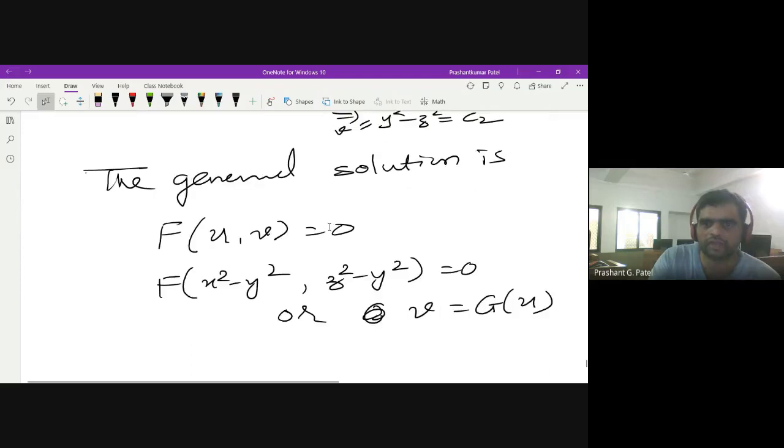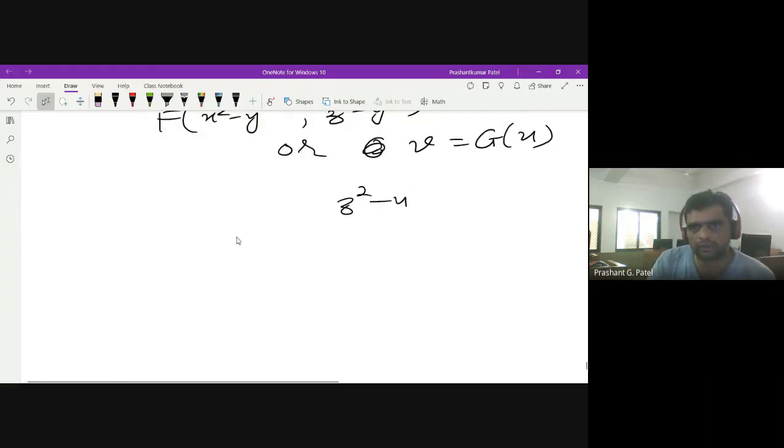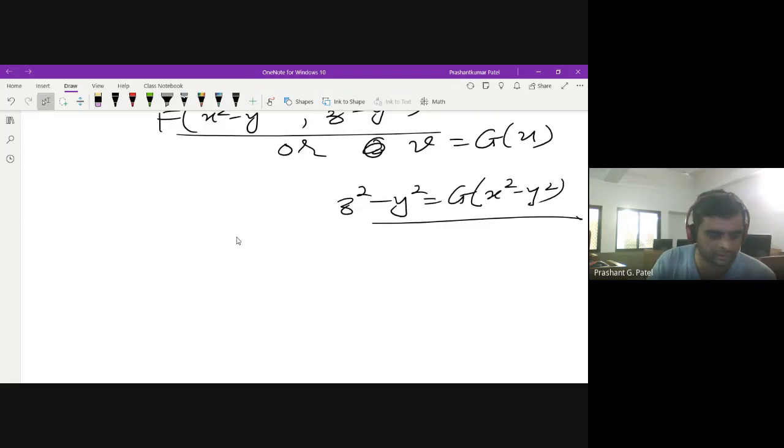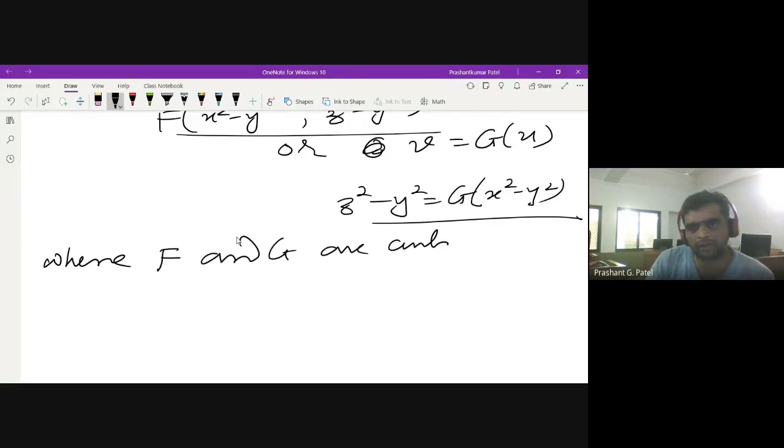But what is v? It is z square minus y square equal to g of x square minus y square. So this is the solution, where g and f are arbitrary differentiable functions.